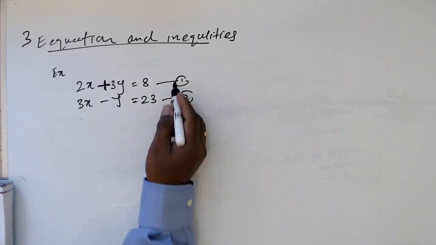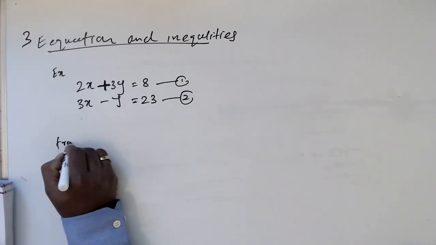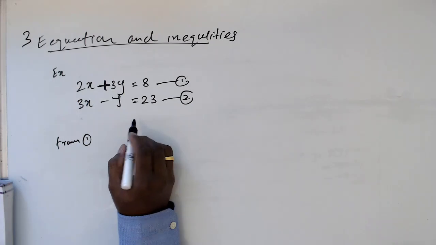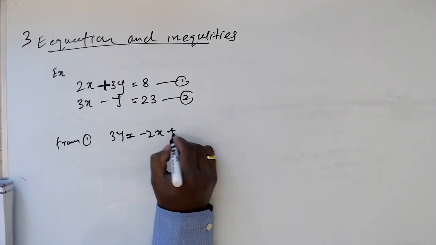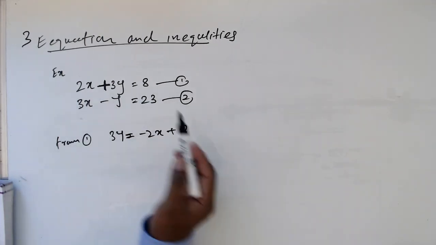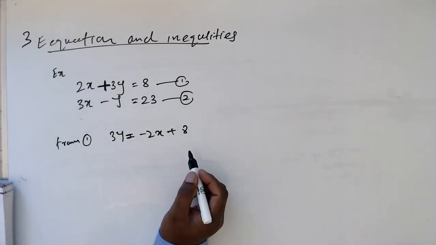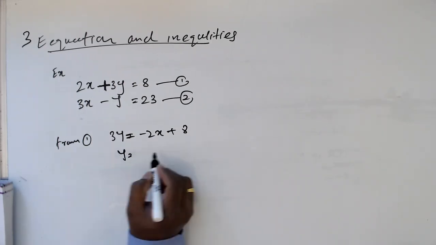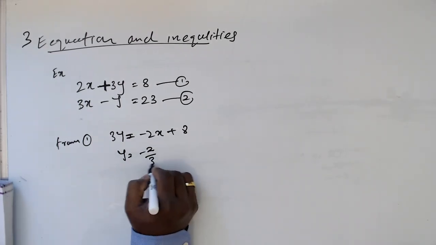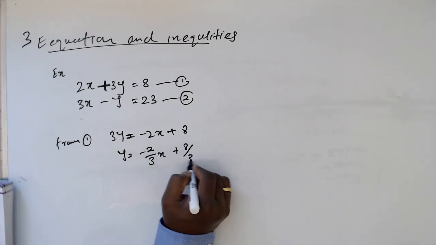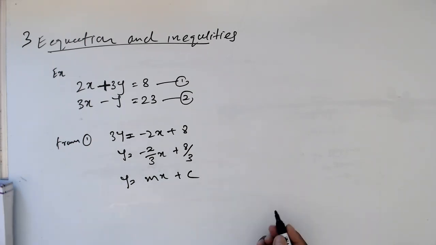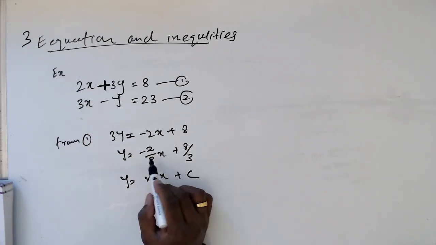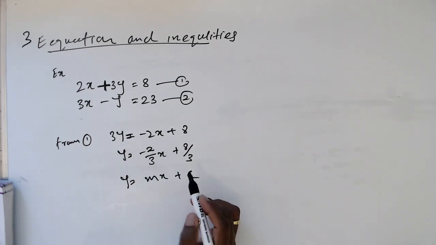So, from equation 1, I can write 3y equals minus 2x plus 8. Plus 2x, when you move to the other side, becomes minus 2x. Then I can divide by 3. Why did I do this? Because now this is the y equals mx plus c form, so I can see the gradient of this line. It is a negative gradient.